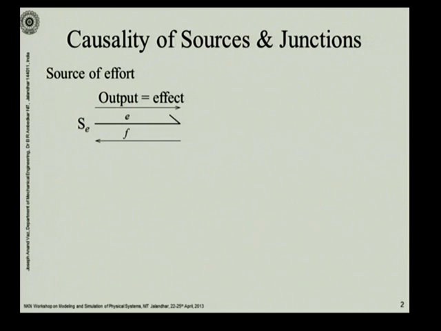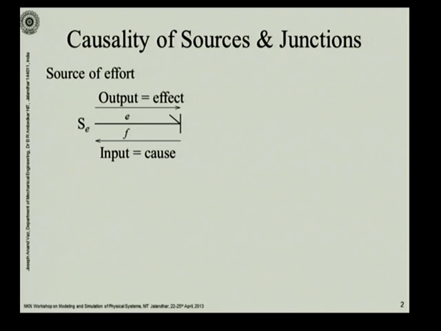So this is the constitutive equation or the constitutive relationship for a source. This is its constitution. So we have seen this. So naturally it's clear that the causal stroke which we discussed yesterday should be placed here.